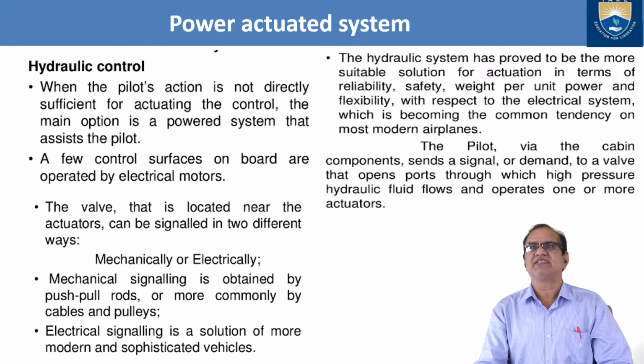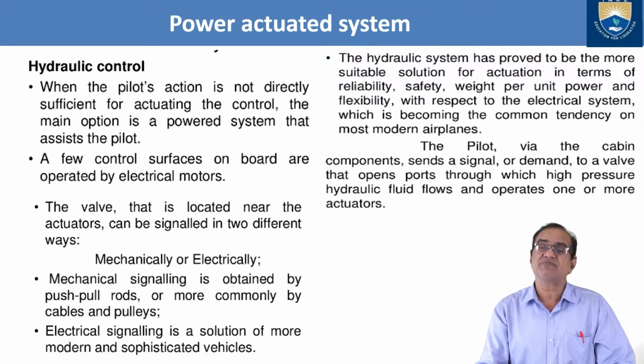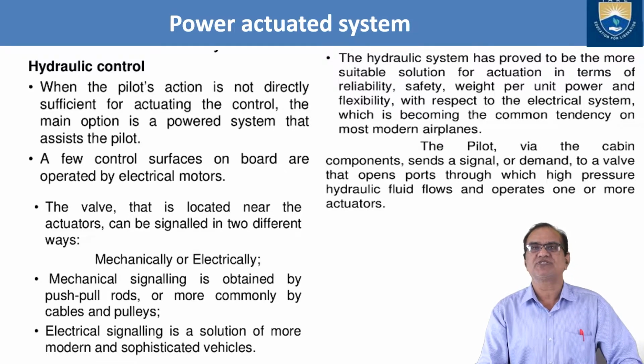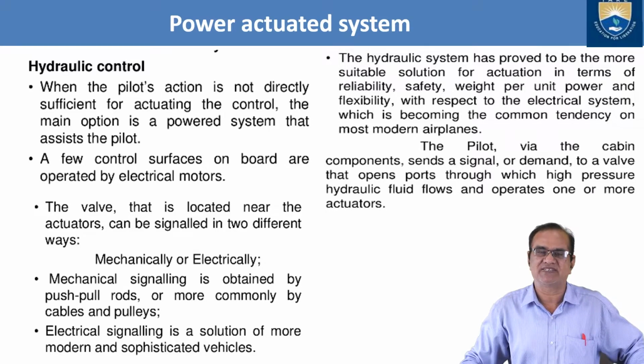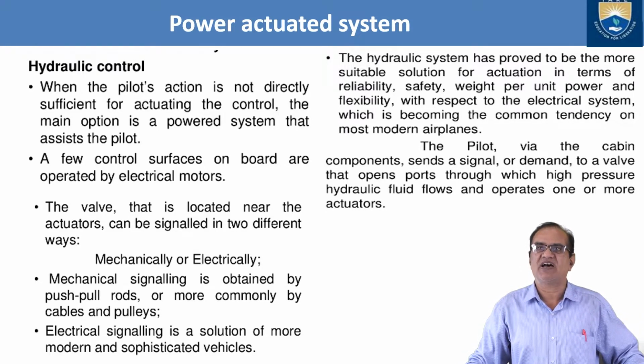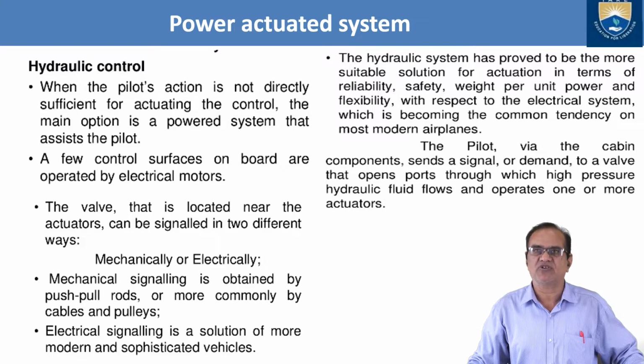After mechanical, the power actuated, hydraulic systems are used. When the pilot action is not directly sufficient for actuating the control, the main option is a powered system that assists the pilot. A few control surfaces on board are operated by electrical motors.